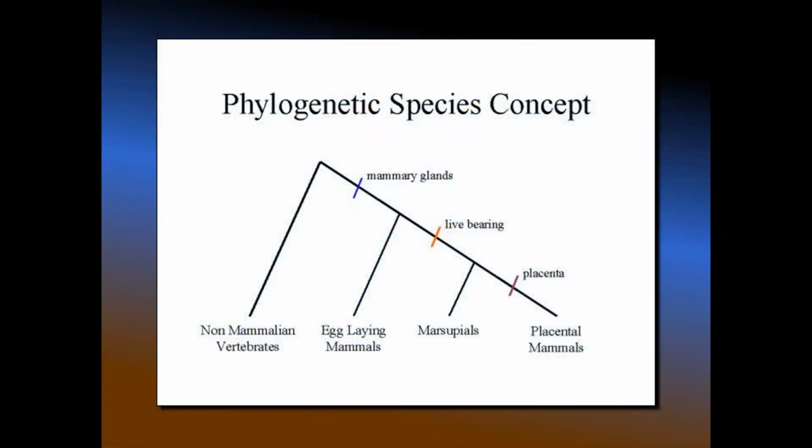Other kinds of species concept, there's the phylogenetic species concept. And this is where you take different groups of organisms and you link them based on shared derived characters. So here, if you look at just this group of organisms, you have the appearance of mammary glands separates a group of organisms from non-mammalian vertebrates. And then within that smaller group, some of them are live-bearing. That is a derived trait.